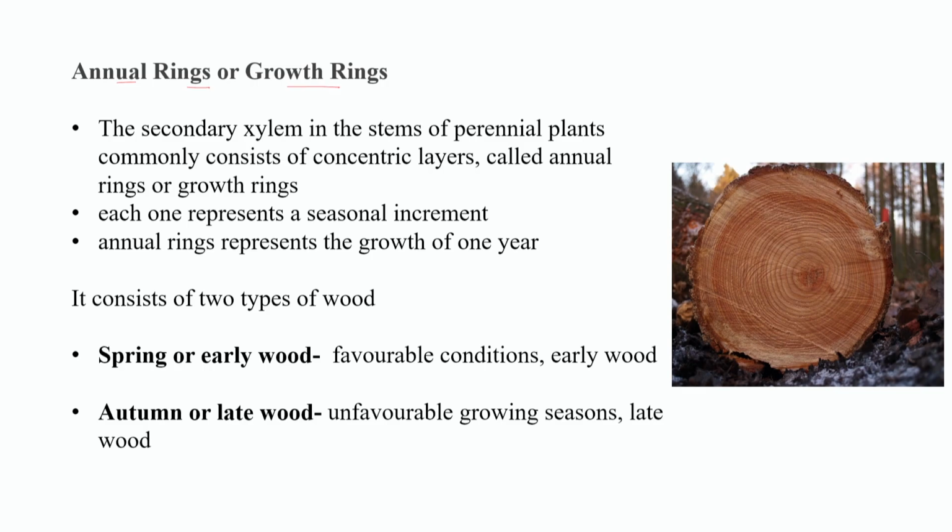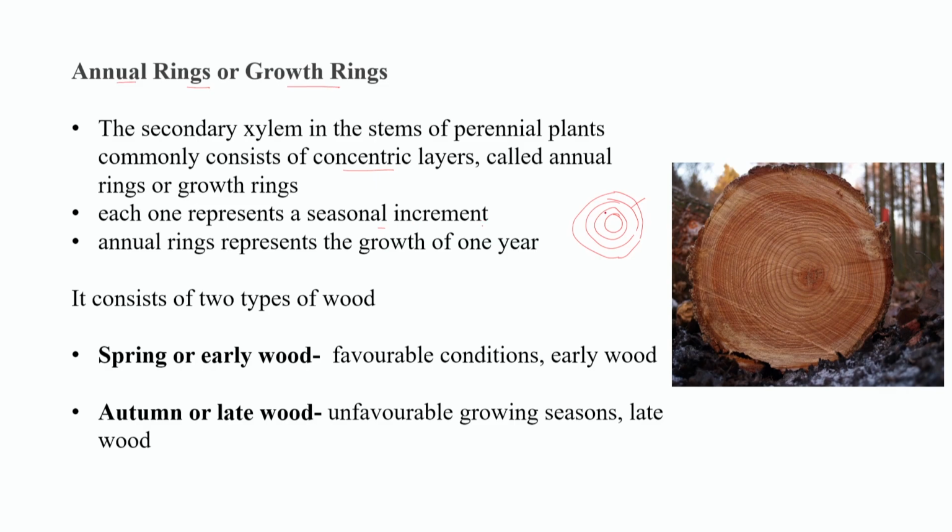These are basically concentric layers, one after the other, and these are annual. It means in one year one ring is formed, and in the next year another ring will be formed. So one ring represents one seasonal increment.